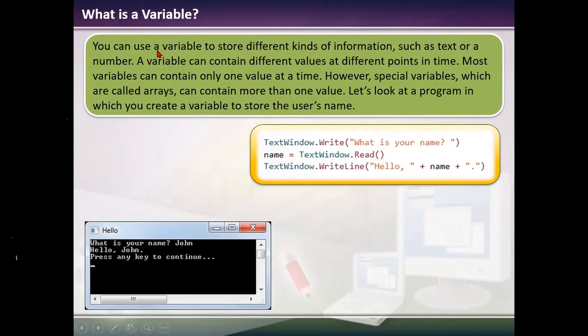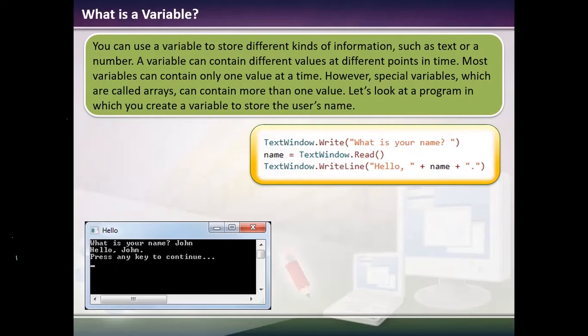So here it says using a variable you can store different kinds of information. It may be text, it may be numbers. Those text or numbers are changed over time. So for an example, if the variable is x and its starting value is 5, then after some time it may be 10.